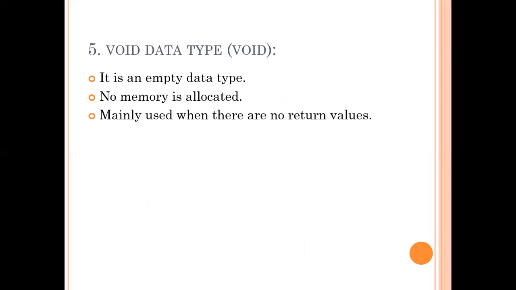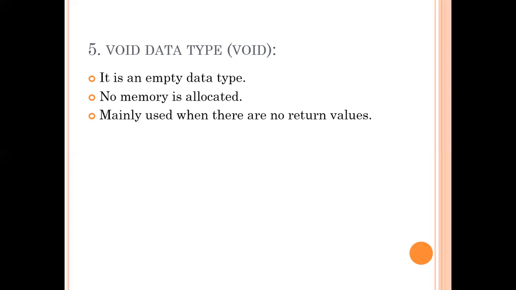So roughly speaking, character data type takes 8 bits. Integer data type depends on the word length of the host machine. If the word length of the host machine is 16 bits, then the length of the integer is 16 bits. Or if the word length of the host machine is 32 bits, then the length of the integer is 4 bytes, 32 bits. Then comes float.